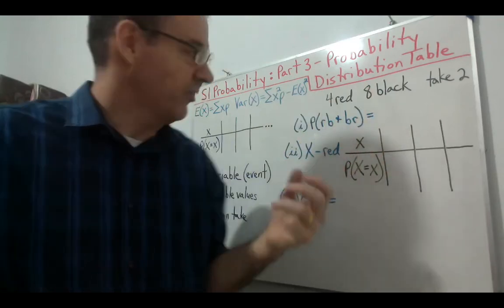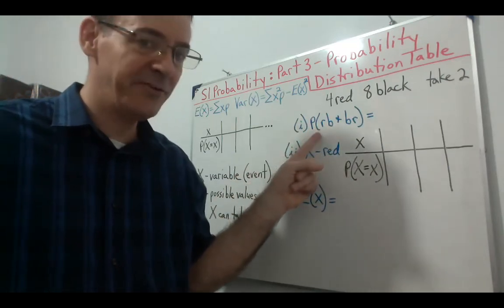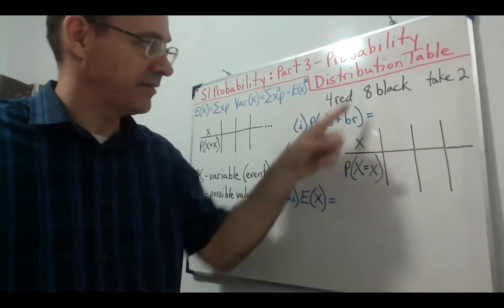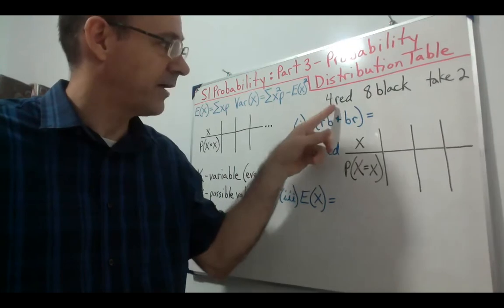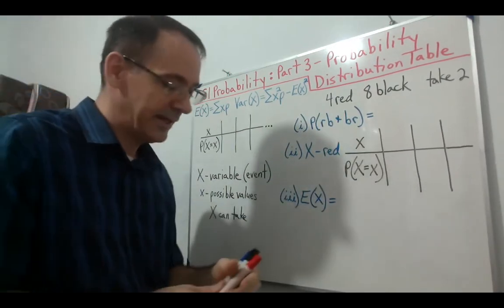If you want different colors, it's either going to be red first, followed by a black, or it's going to be black first, followed by the red. So that's what we want to calculate here.